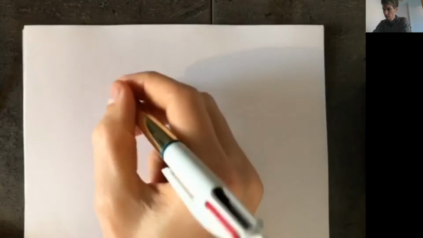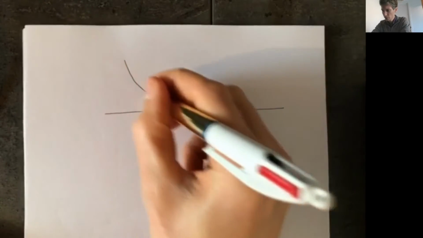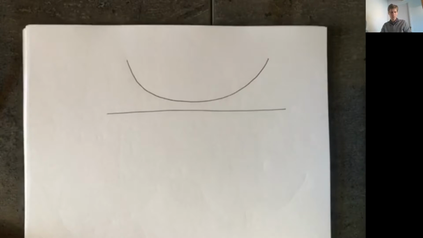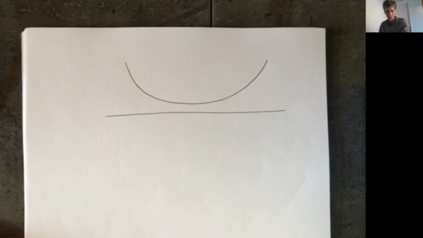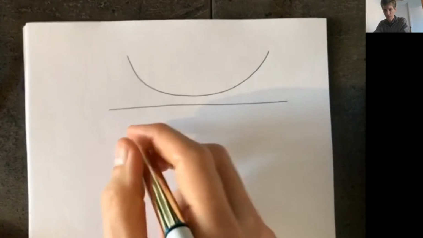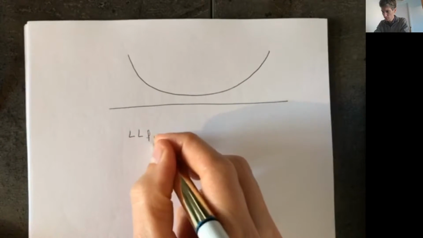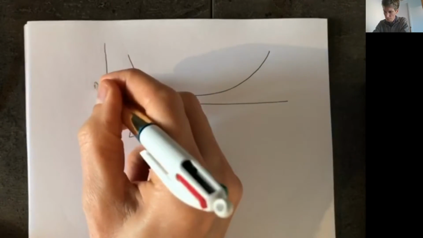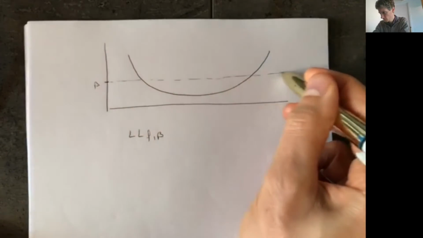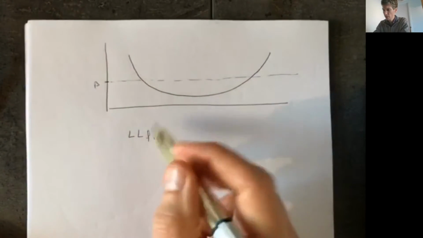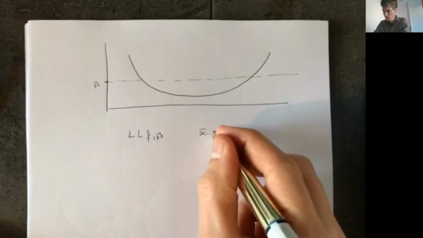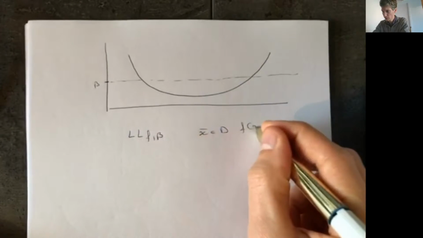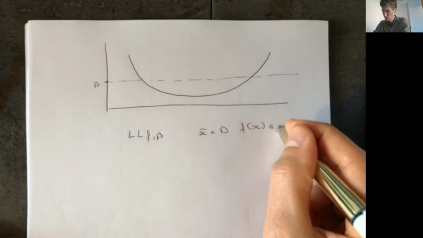Okay. So for example, let me look at a convex function. And let me look at the lower level sets. Okay, so if I draw a beta, I need to find all the x's in the domain such that f of x is lower or equal to beta.